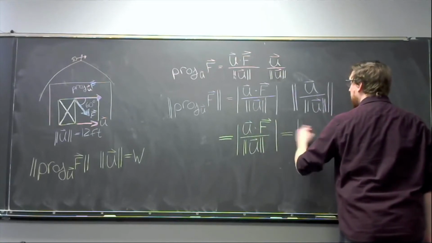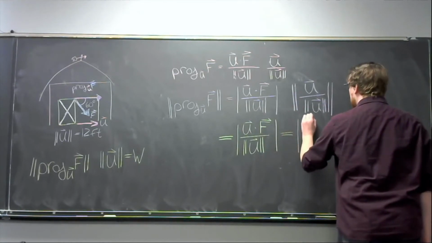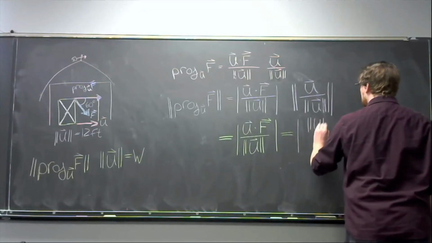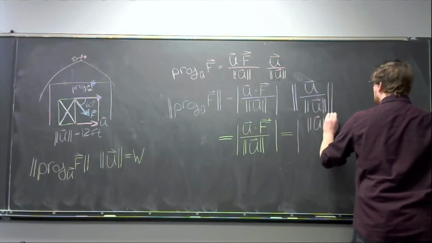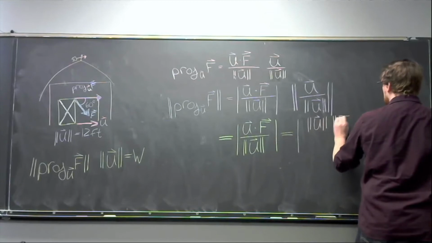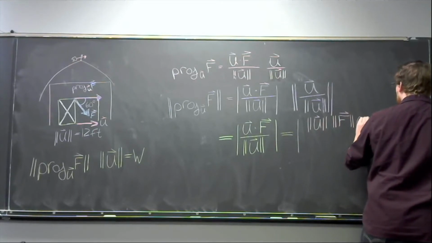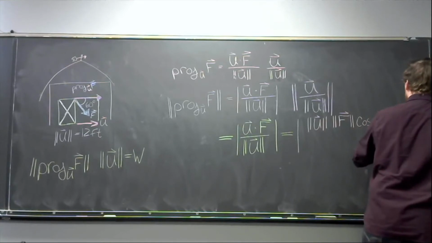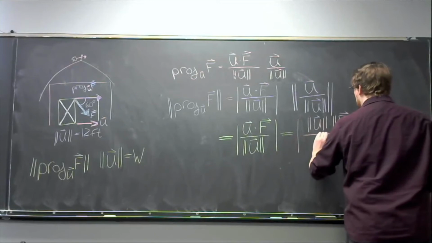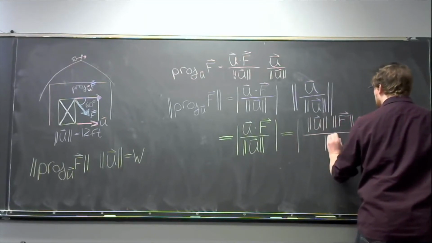So u dot f, we can rewrite that as the magnitude of u times the magnitude of f times the cosine of 60 degrees, all of that divided by the magnitude of u.